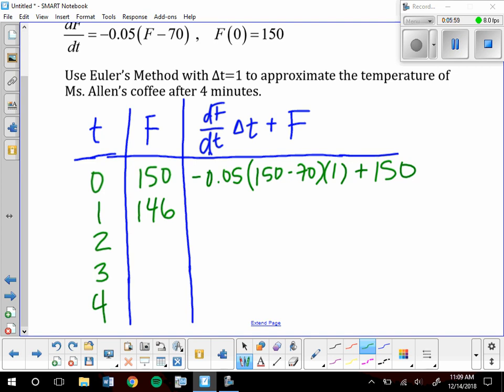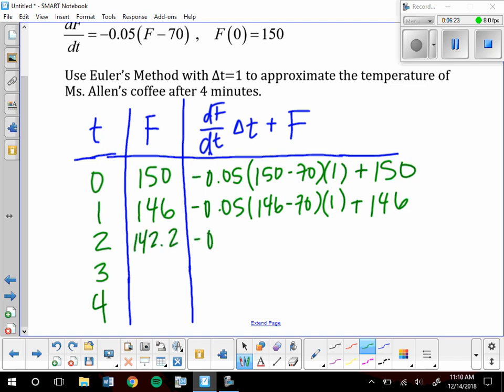To find my F value after 2 minutes, I can use the same formula, my slope, except this time my temperature is 146: negative 0.05 times (146 minus 70) times the step size of 1 plus 146. And using a calculator, I get 142.2. I can do it again: 142.2 minus 70 times the step size of 1 plus 142.2.